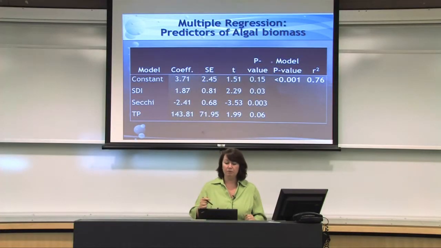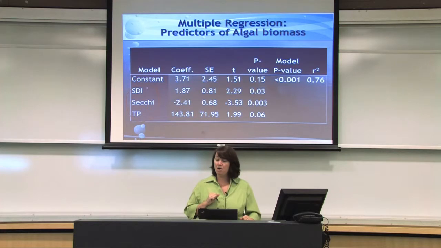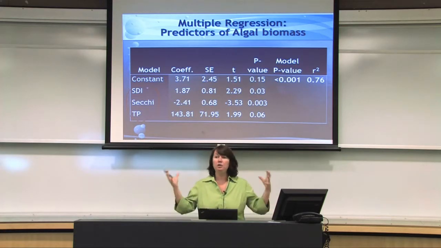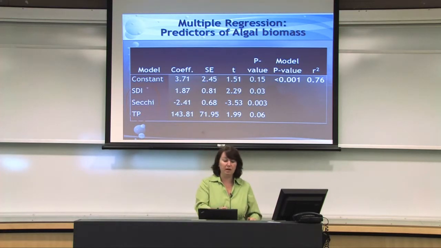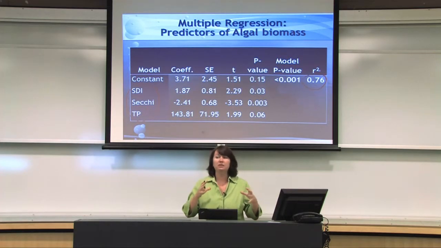So in order to test valid statistical relationships between the water quality variables and the amount of algae based on chlorophyll A, we looked at all of our water quality parameters, and we found that these were the most important independent predictors of algal biomass. In a multiple regression, when you put in your independent variables such as shoreline development, Secchi depth, and total phosphorus, they have an additive effect on the model, and we can explain 76% of the variation in algal biomass.